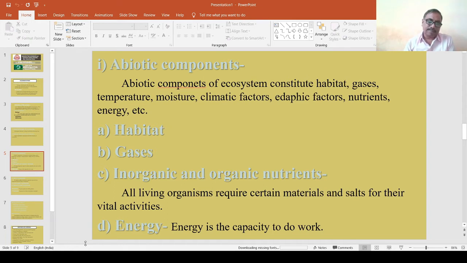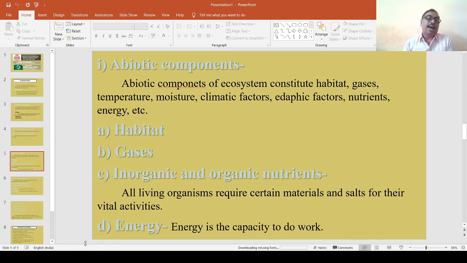Three major types of aquatic habitats are classified: freshwater habitat, estuarine habitat, and saltwater habitat. Freshwater habitat includes pond, lake, river, stream, and so on. Estuarine habitat is found at the mouth of a river where salt and fresh water mix. Then saltwater habitats are oceans and seas.